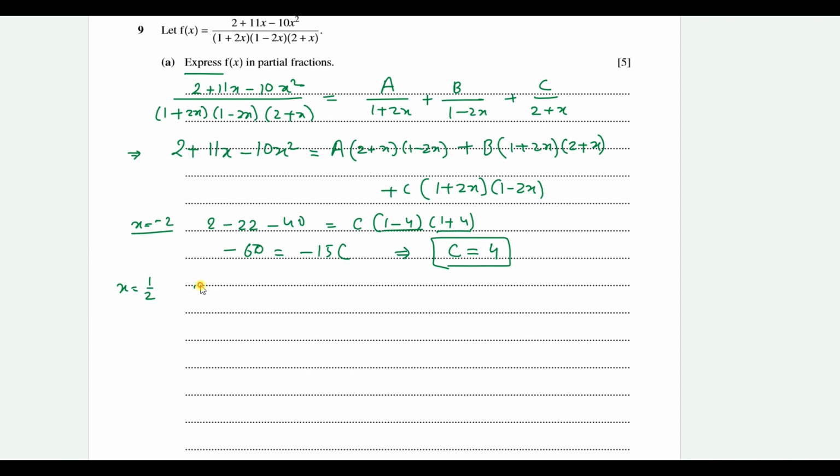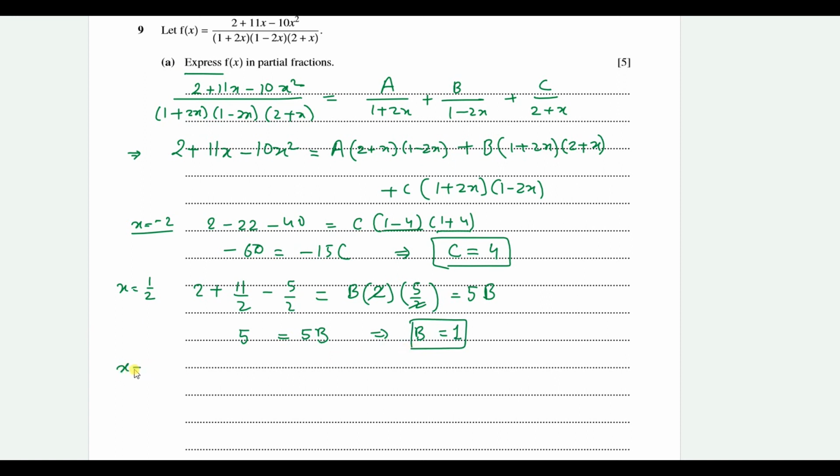So it is 2 plus 11 by 2 minus 10 by 4, 10 by 4 means 5 by 2, is equal to, A term is gone, B term is only left, so B into (1 plus 2 by 2) it is 2, into (2 plus half) it is 5 by 2, and hence it is cancelled, so we are left with 5B, and here it is 11 minus 5, 6 by 2 is 3, so 3 plus 2 is 5, so 5B is equal to 5, hence B becomes 1. So we got another constant.